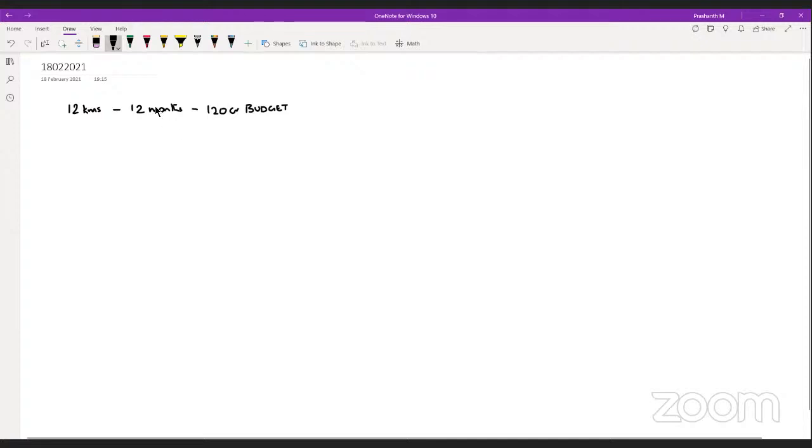Now, if I have to build an S-curve for the project, assuming that the work is linearly distributed, every month we'll have 1 kilometer laid with a 10 crore budget. So if I have to draw an S-curve, every month 10 crore.